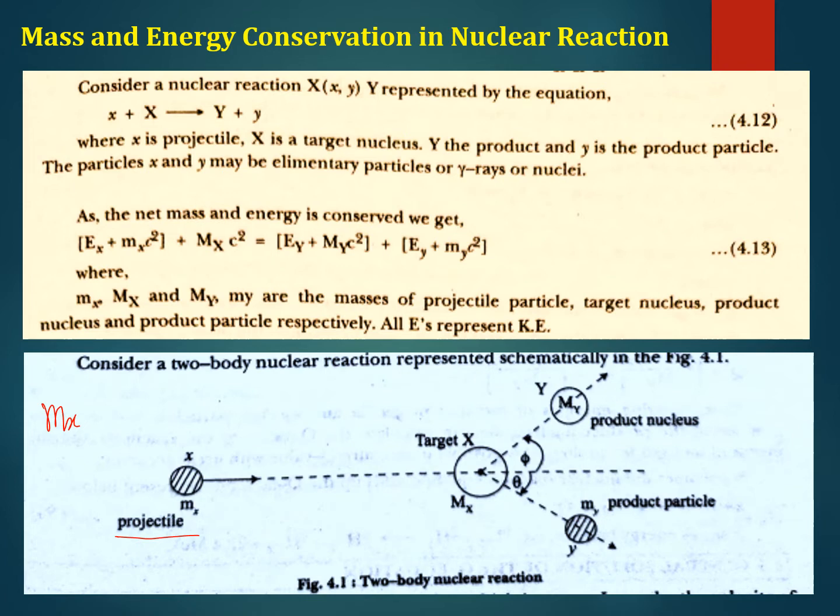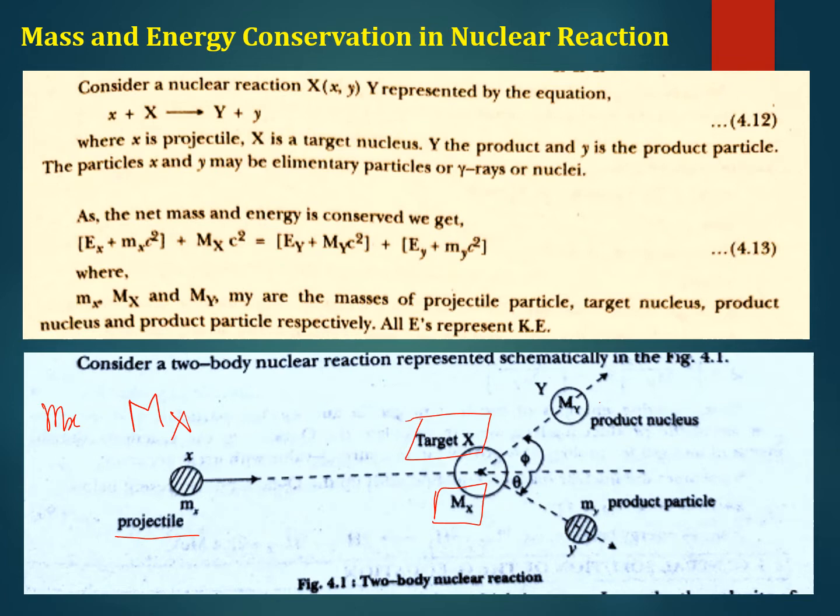When two bodies interact with each other, mx is the mass of the projectile which is bombarded on the target X. The target is X, and its mass is capital Mx.